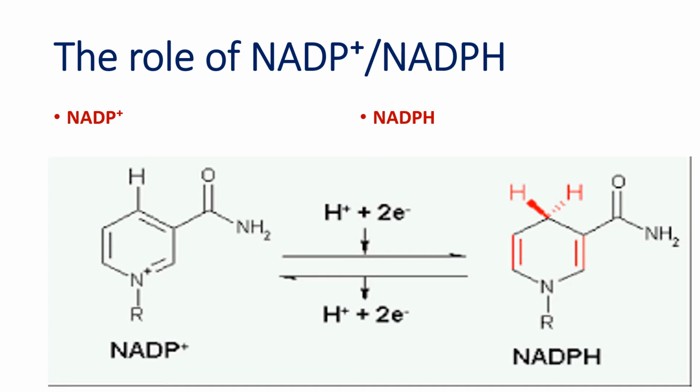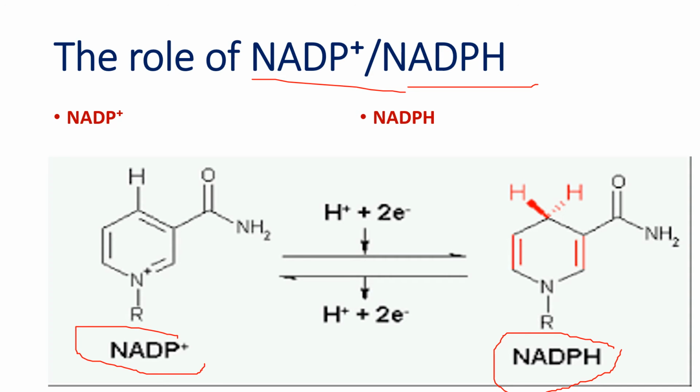Let's look at the role of NADPH, which is nicotinamide adenine dinucleotide phosphate. So NADPH is a reduced form of what? Of NADP plus.